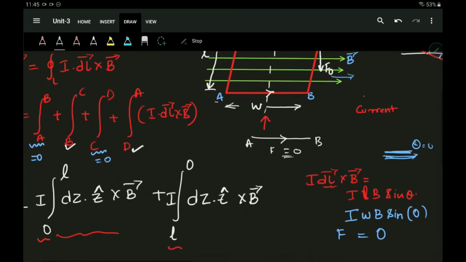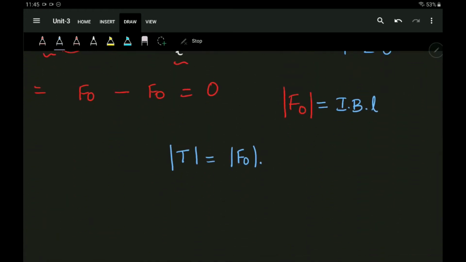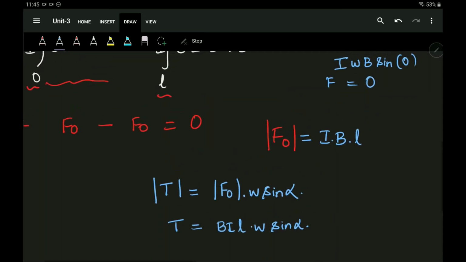I have to define R. So R is defined as the arm length W and it is making an angle, sine of alpha. So if I solve for this, I can simply write T as B I L times W sine alpha.